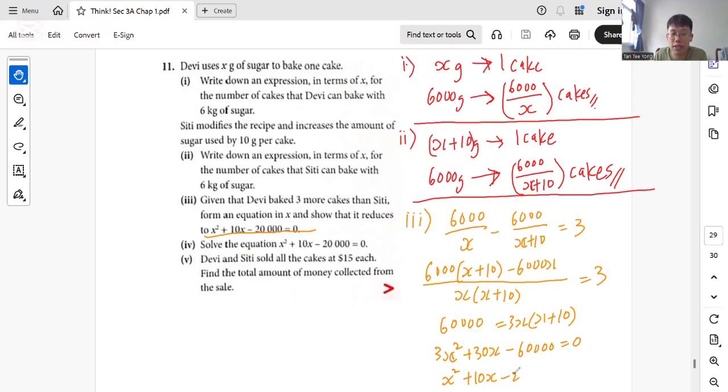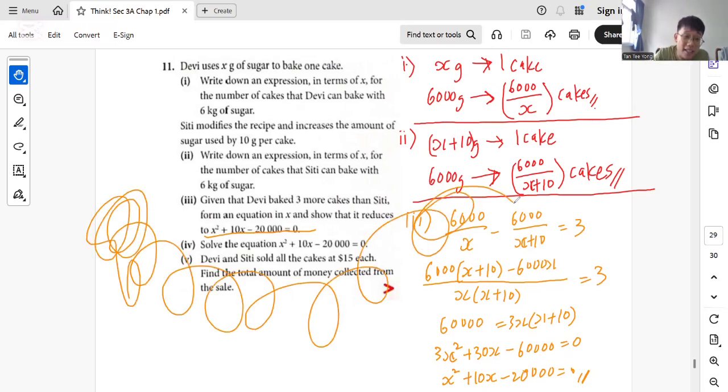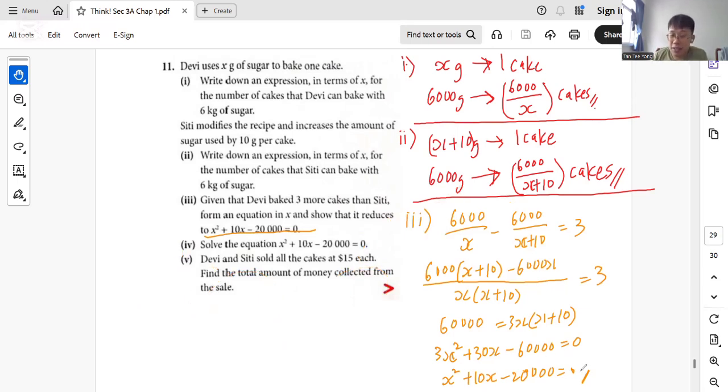So minus 20,000 equals to 0. Okay, so this one, wait, just let me see how come this thing is lagging. Now it's not lagging. Okay, so anyway, equals to 0. Okay, so shown. All right, okay, so that's for part 3.